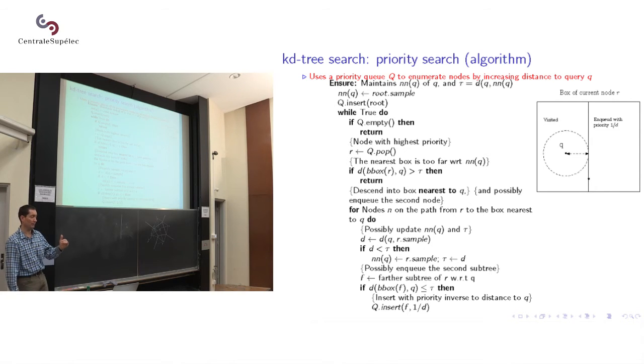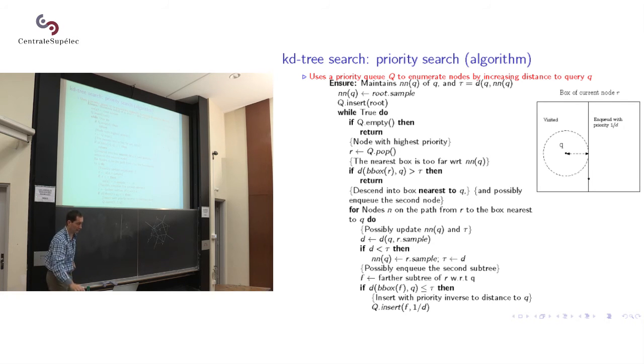So you are saying, okay, since Q is sitting in a region, let me visit the cell whose region contains Q. But in case my nearest neighbor would be sitting on the other side of the boundary, let me keep the possibility to visit this subtree too. But we keep the possibility without doing it in any case.